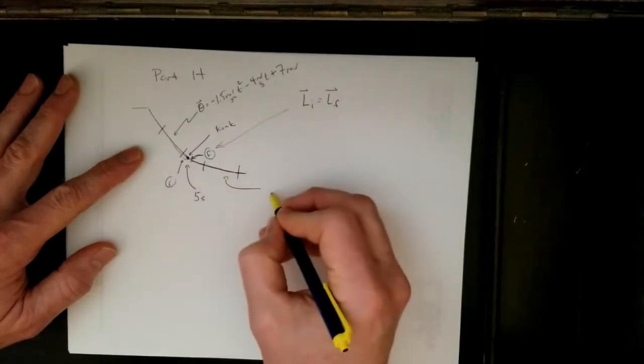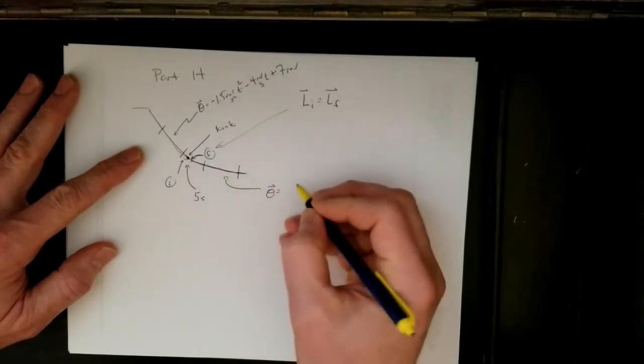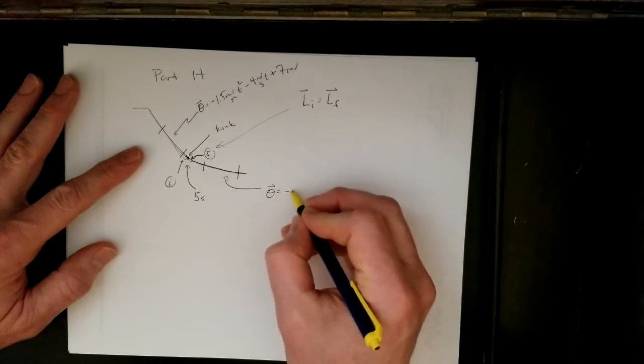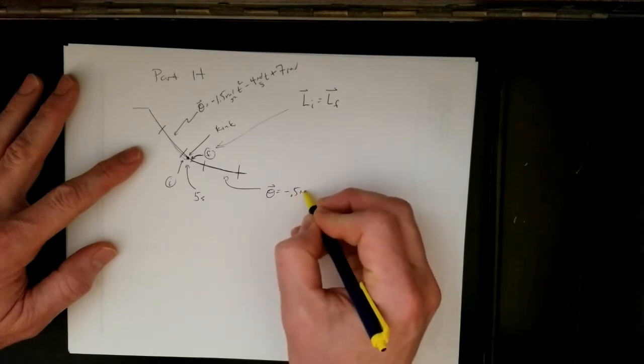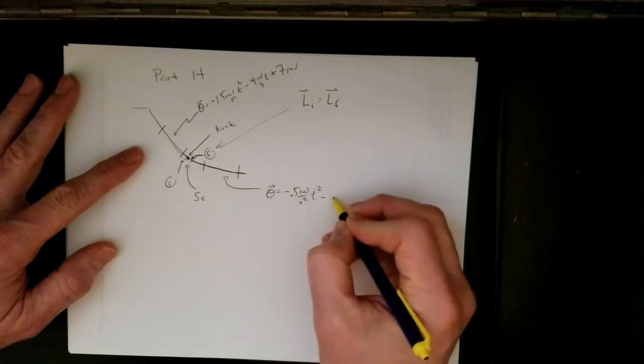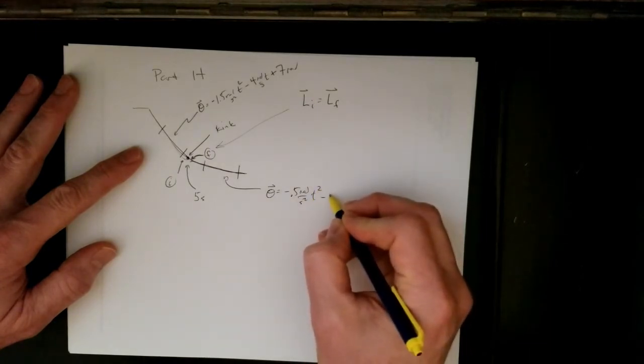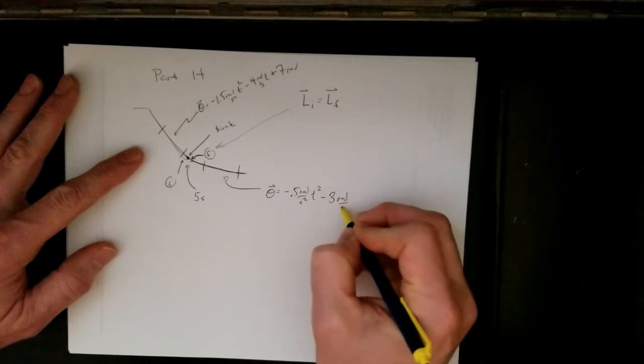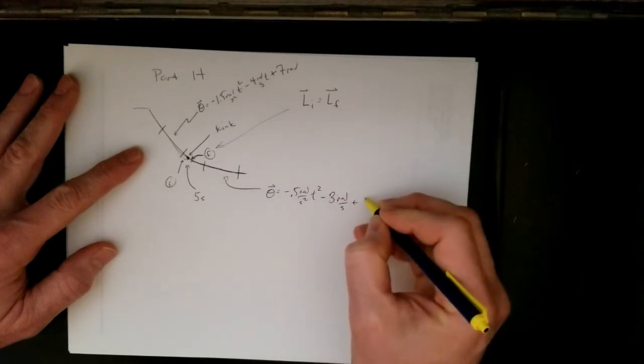And here would be something different, so theta is equal to, again, making up numbers, negative 0.5 radians per second squared t squared minus 3 radians per second t plus 1.